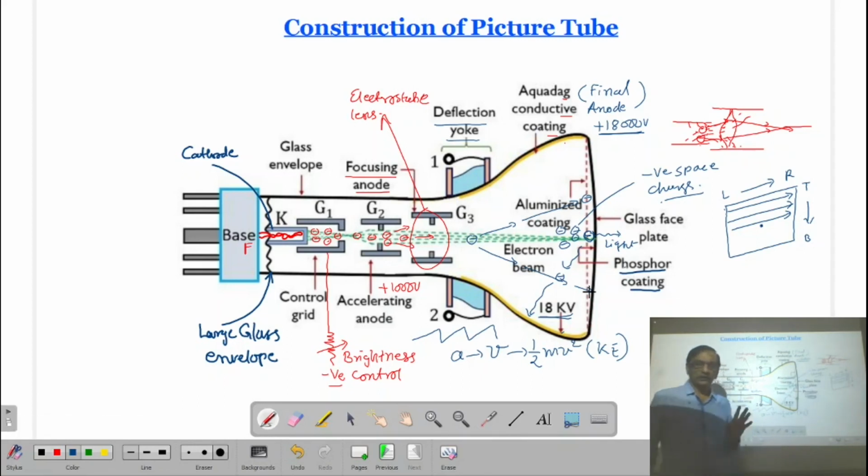So remember, the control grid will give you the brightness of the screen. If it is more negative, less brightness; less negative, more brightness. Then the video signal is applied to the cathode.